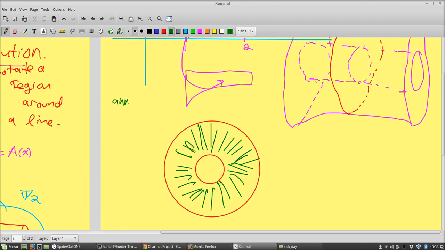And if you want to compute the area of an annulus, it has a little radius and a big radius. And the area of this thing is just pi r squared minus pi little r squared. And that makes sense because it's the area of the big circle, take away the area of the little circle.